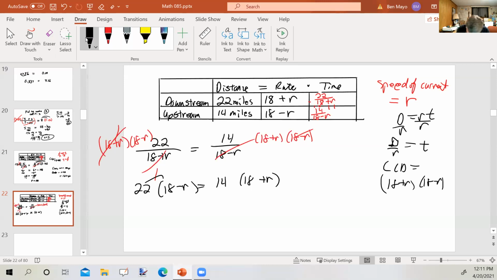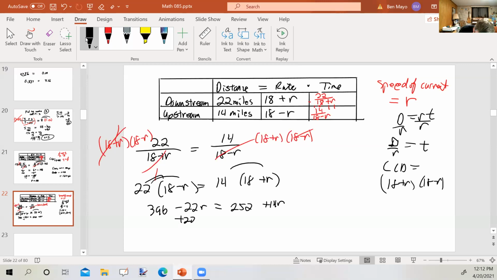22 times 18 is 396 minus 22R equals 14 times 18 is 252 plus 14R. I'm going to solve for R on the right.